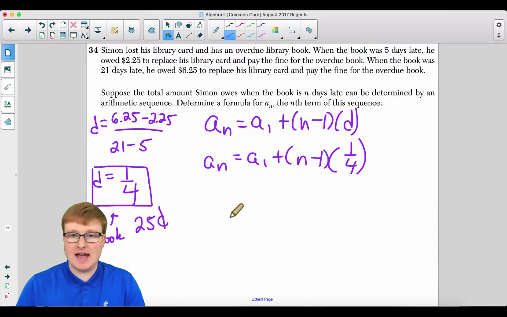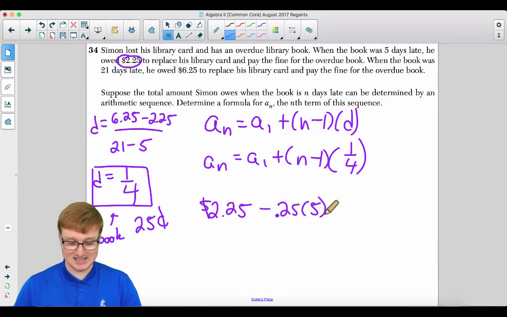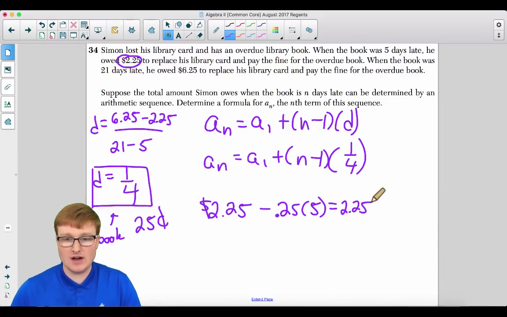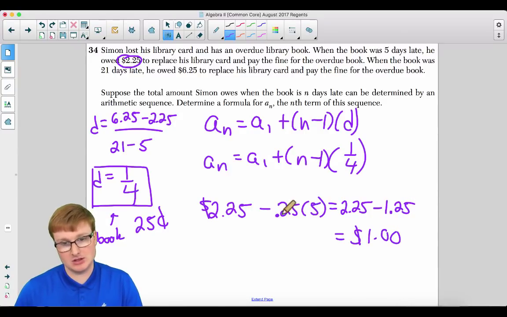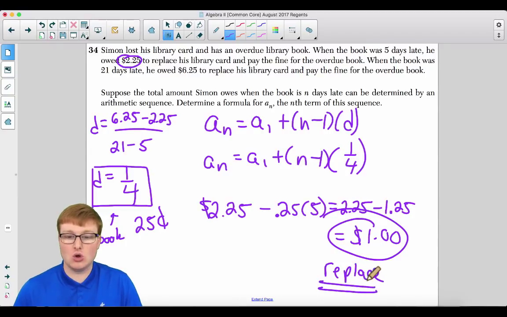In order to determine that, all you do is you take the $2.25 and subtract the 25 cents, so that's 0.25 times the 5 days. That is just going to be $2.25 minus 1.25, and that's just going to be $1. So it actually costs $1 to replace his lost card.